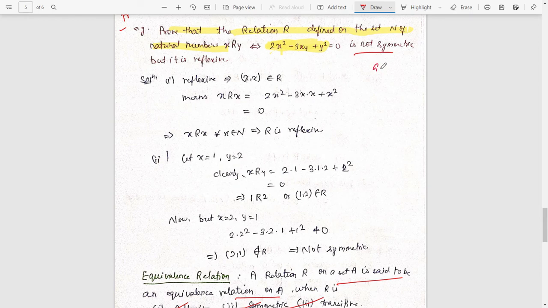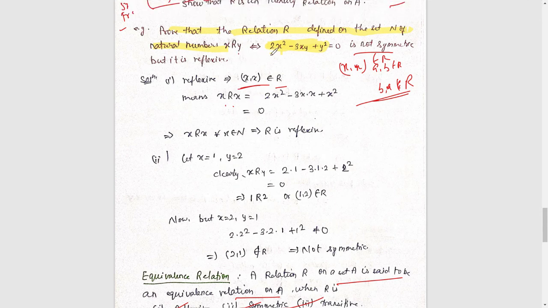Not symmetric means if (a, b) belongs to R, then (b, a) should not belong to R. If you prove this, you can say that it is not symmetric. For reflexive, we have to prove that (x, x) belongs to R. So how do we prove this? (x, x) means x is related to x, so we just put x in place of y.